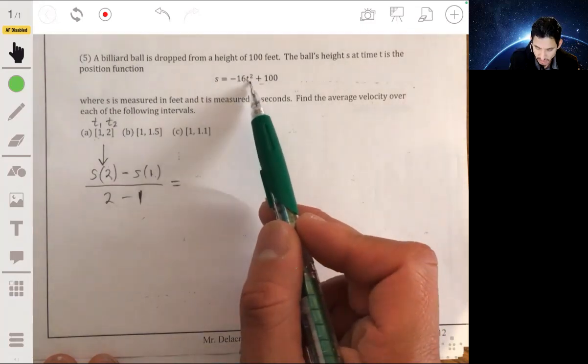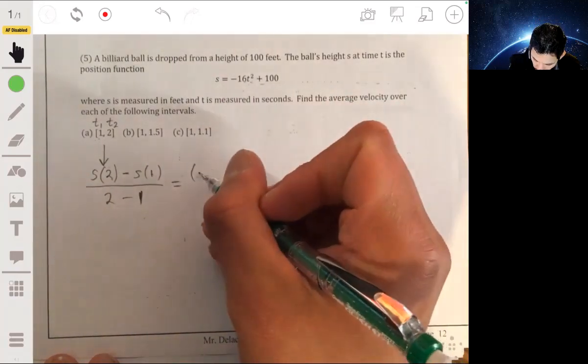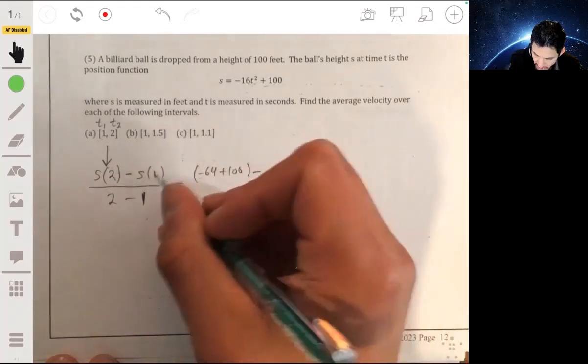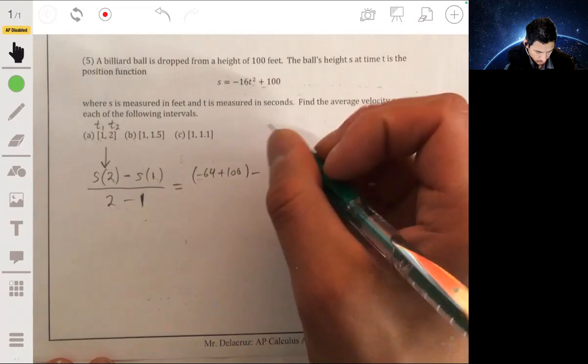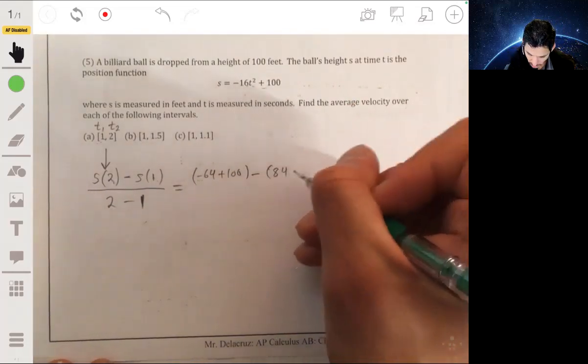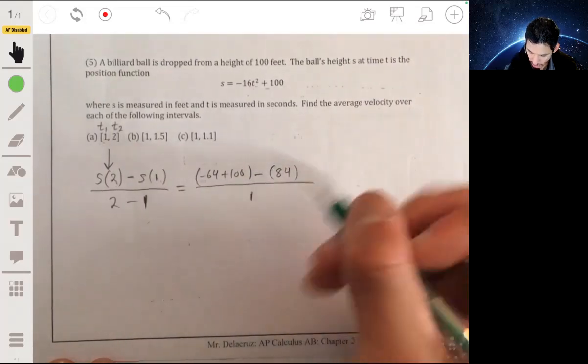We would get negative 16 times 4, so negative 64 plus 100, which is 36, minus S of 1, which is negative 16 plus 100, which is 84, all over 1.